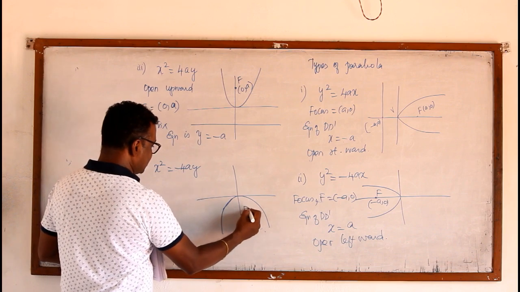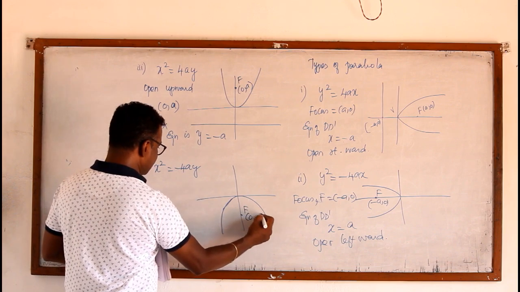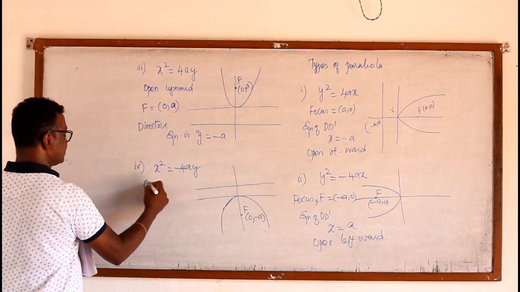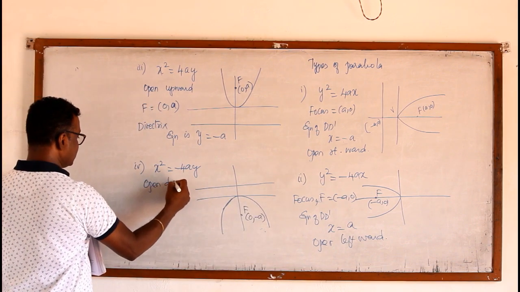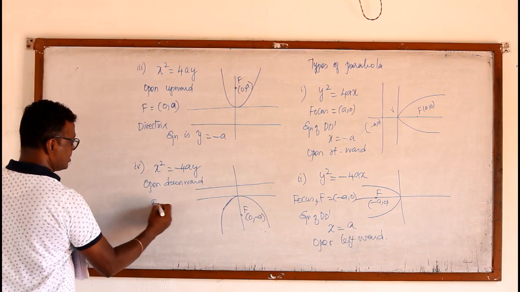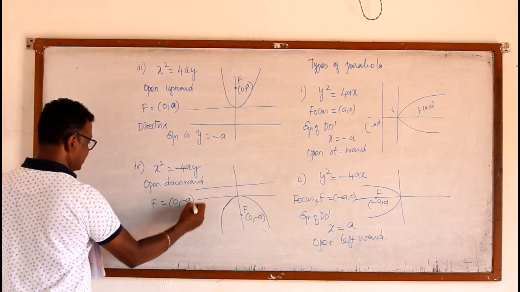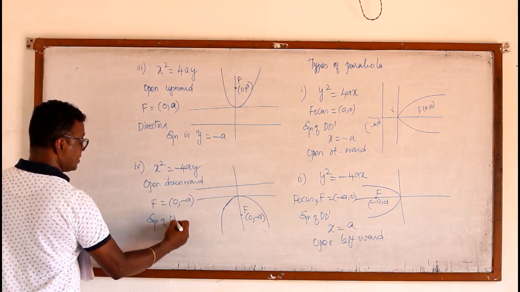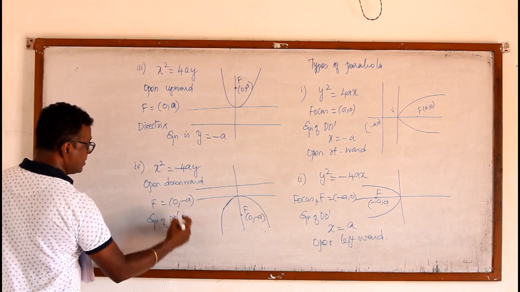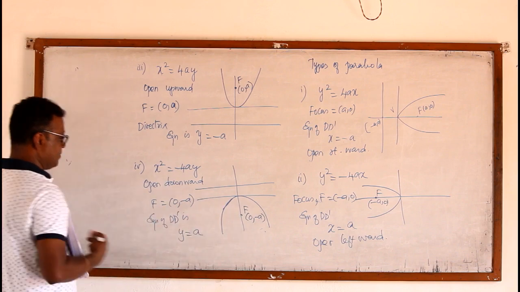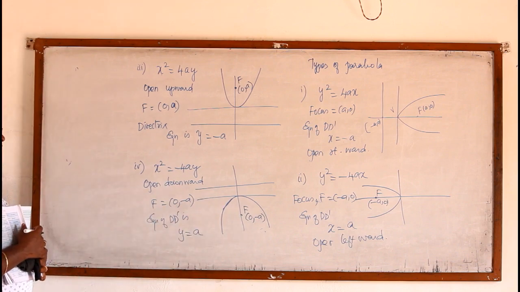The focus is 0, minus a, and the directrix will be lying here. Therefore, the curve is open downward, the focus will be 0, minus a, and the equation of the directrix is y equal to plus a. So these are the types of parabola.